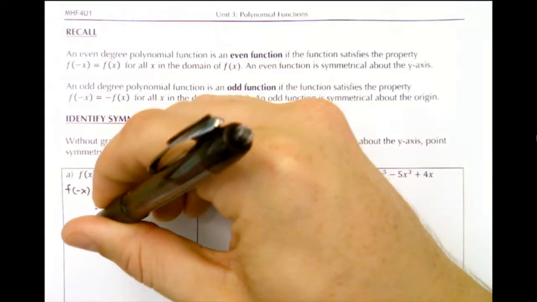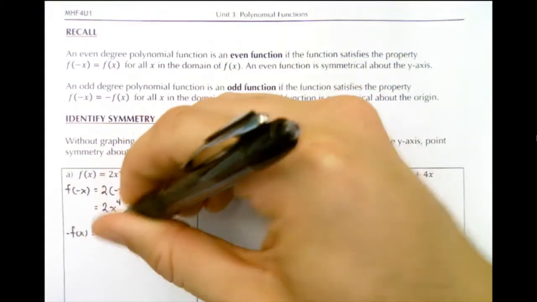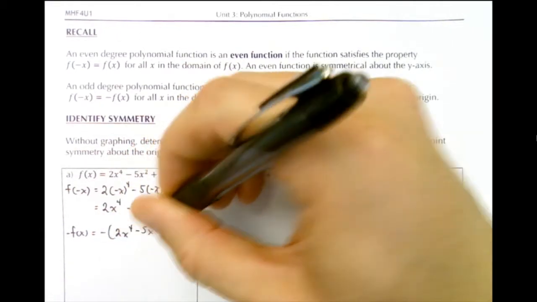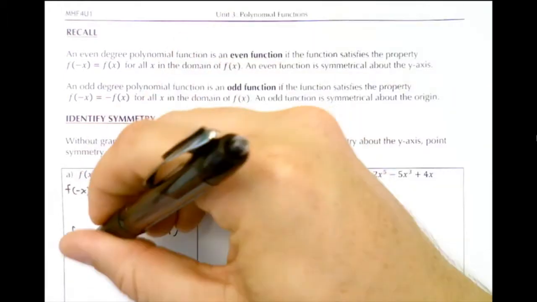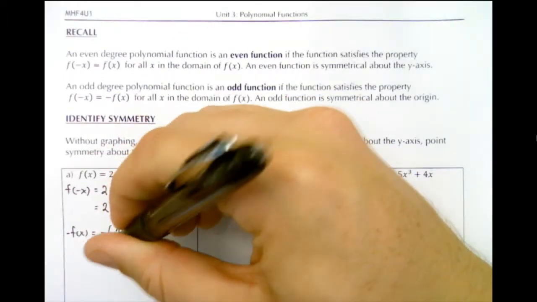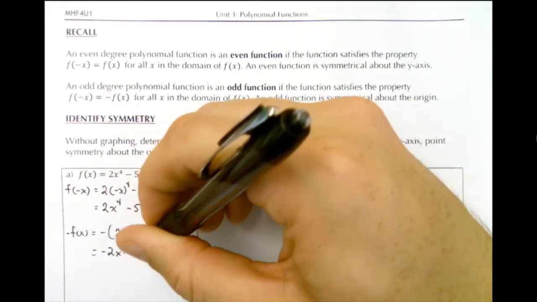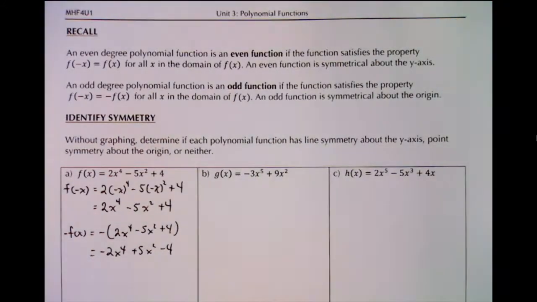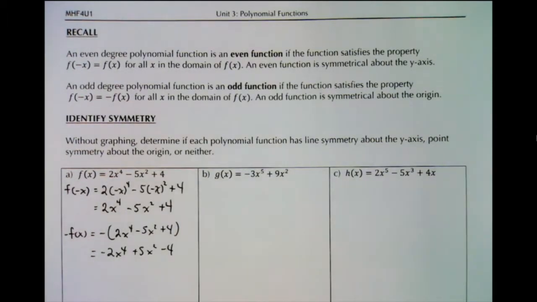Well, that means take the whole function and multiply it by negative 1. That would result in negative 2x to the exponent 4 plus 5x squared minus 4, sorry. And that switches the sign of every term in the function. So now we can make some comparisons.